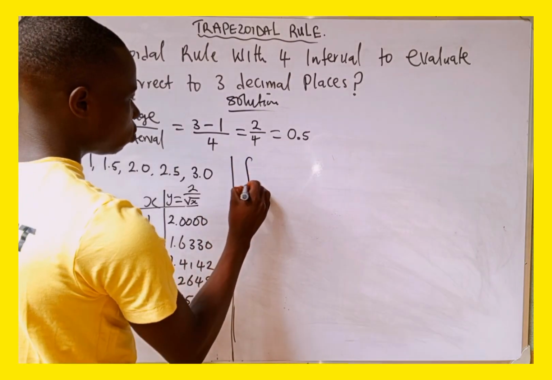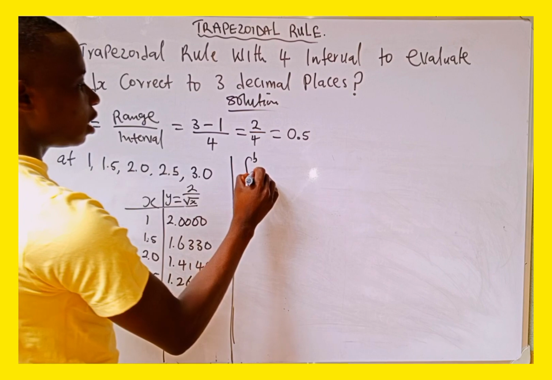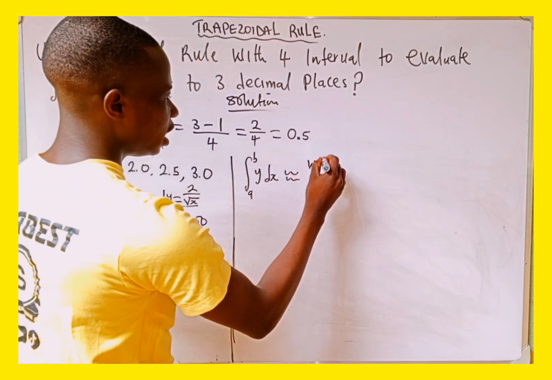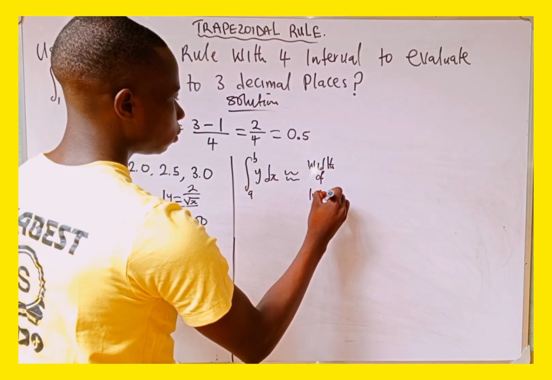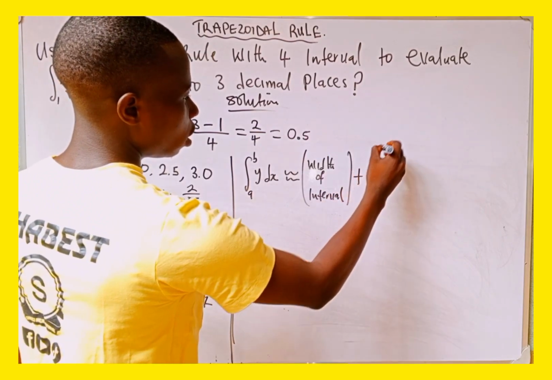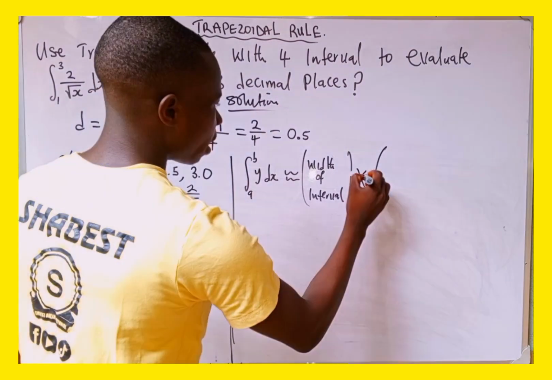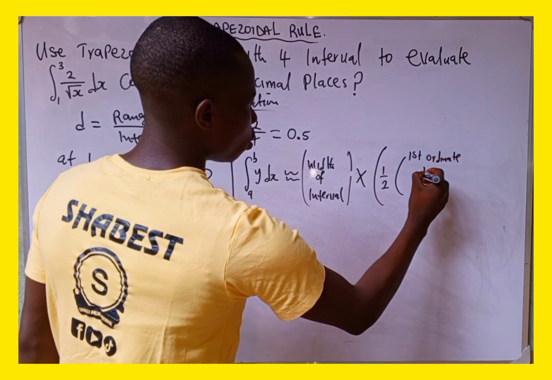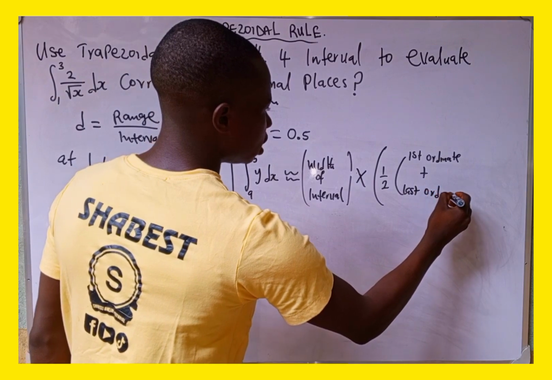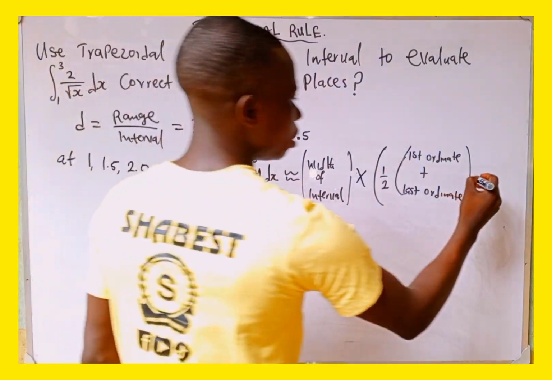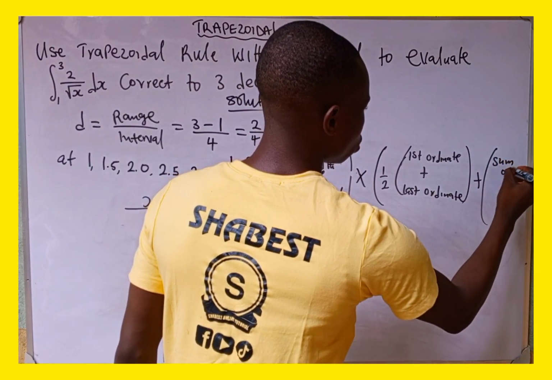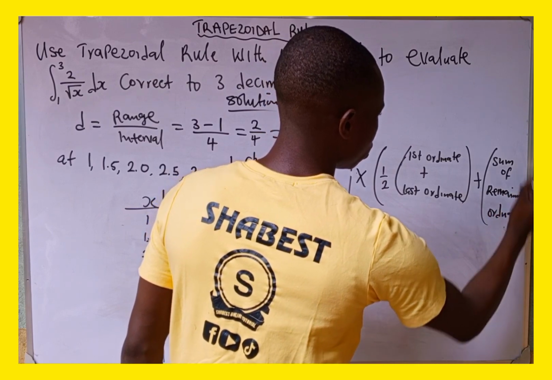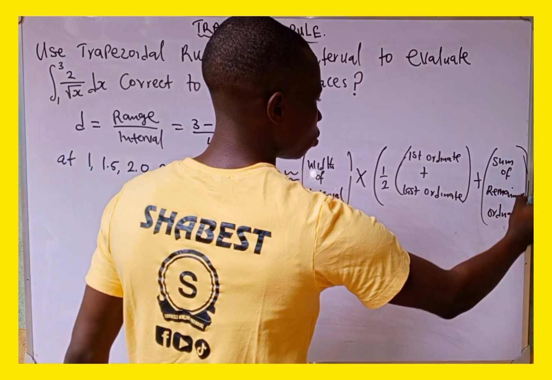The formula is given as the integral from a to b, this is the limit, of the function y with respect to x, which is approximately the width of the interval, multiplied by, you open another bracket, half of the first ordinate plus the last ordinate, then you close the bracket, then plus the sum of the remaining ordinates, and you close the second bracket also.